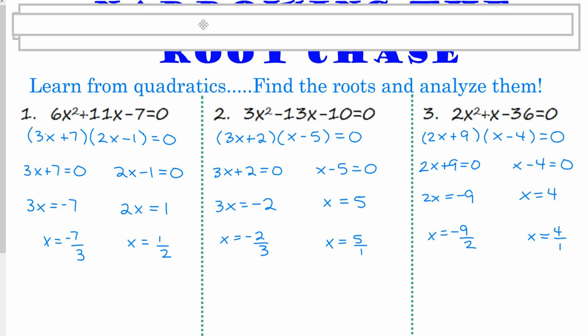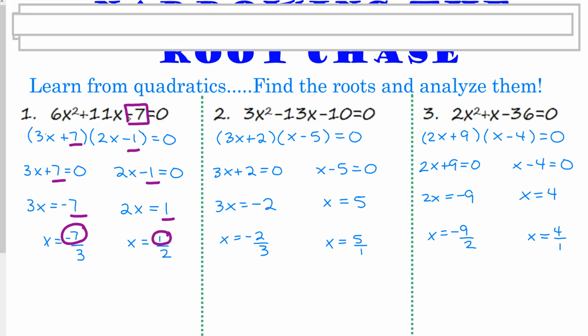The point of what I want to do today is show you how these roots relate back to the numbers in the problem. If you look at the numerators of the roots, so here we have -7 and 1, where do those numbers actually come from in the original problem? If you trace back through the steps, you'll see that those numbers come from the constant.